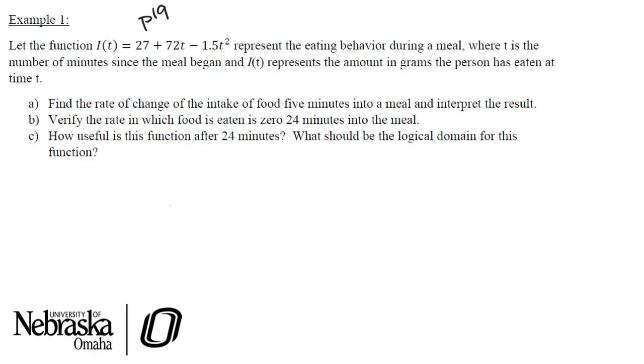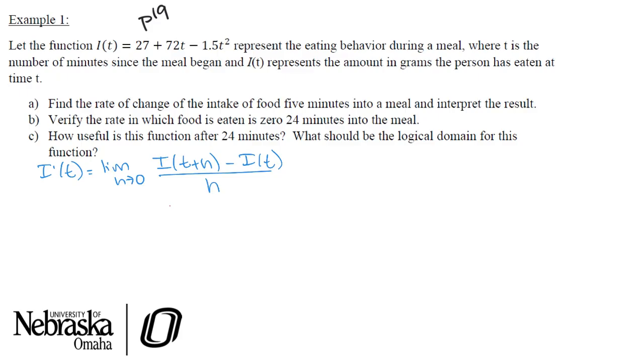Let's first find the derivative of this in general for any t value. So we want to use our equation: I prime of t equals the limit as h approaches 0 of I of t plus h minus I of t over h.